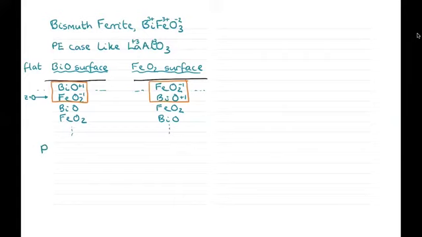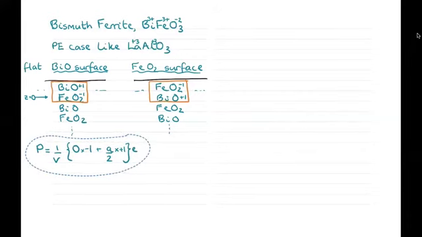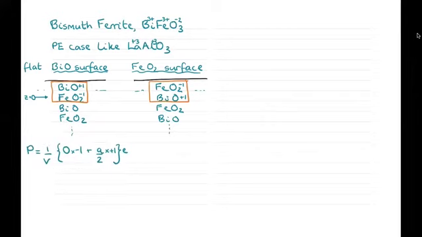So then the polarization for the unit cell with the bismuth oxygen surface is 1/V, 0 times -1 for the FeO2 layer, plus A/2 times +1 for the bismuth oxygen layer, times the electronic charge, which is equal to E/2 times A/V, which is plus a half polarization quantum.